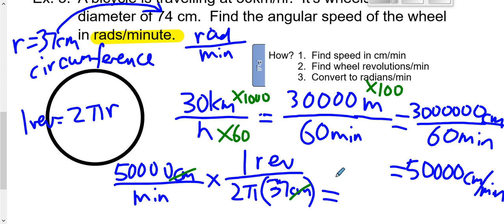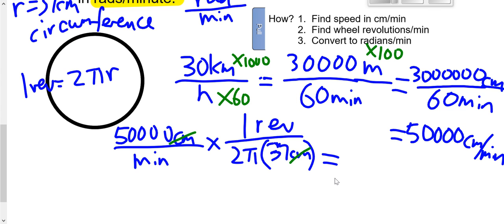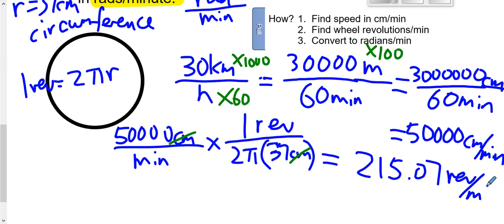So, alright, multiply that in, that would give you 215.07 revolution per minute. So you can travel that distance in every minute. So if you translate that into a circular motion, that means you can do this 215.07 times every minute.